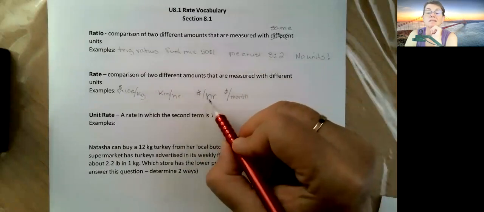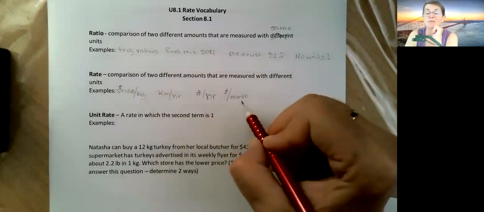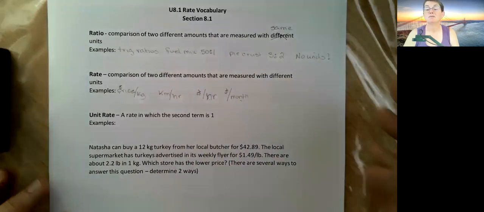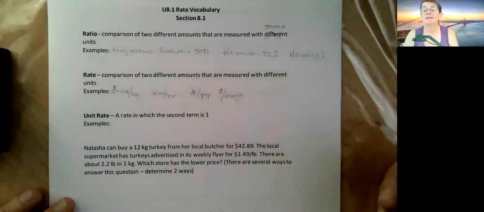This one, you get paid for every hour, you might even get some overtime. This one is usually the salaried worker, which is something like a teacher. I get whatever I get per month, and there's no overtime.